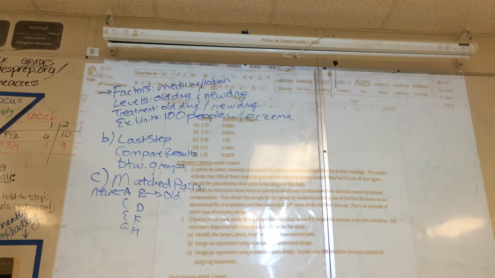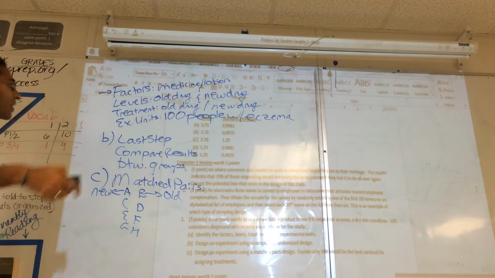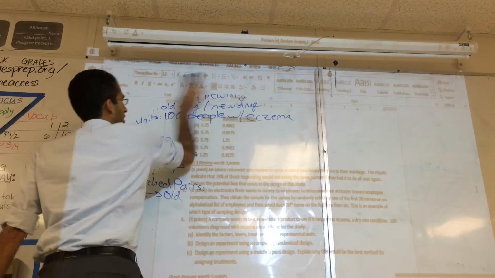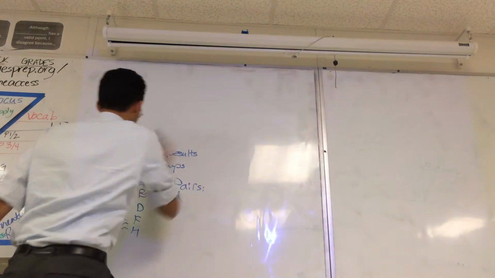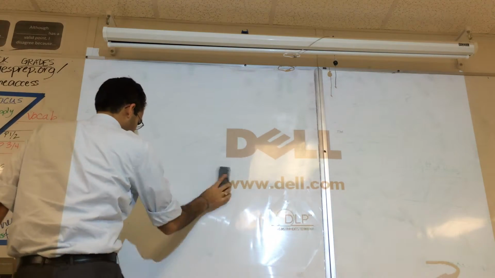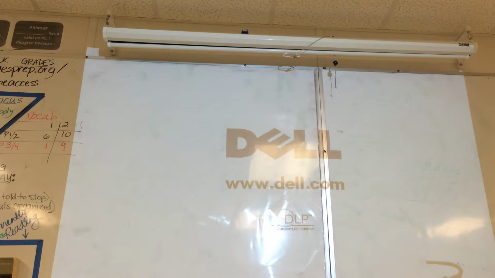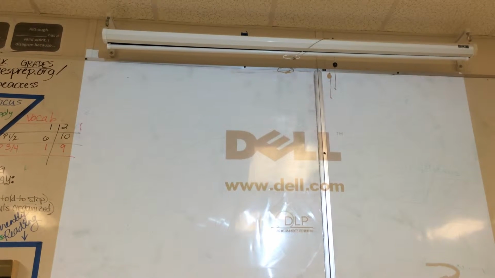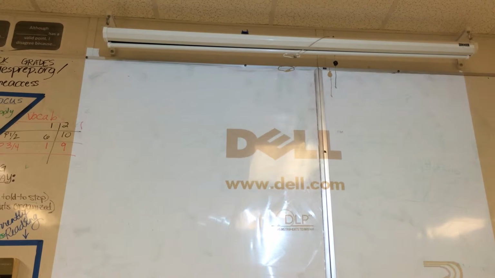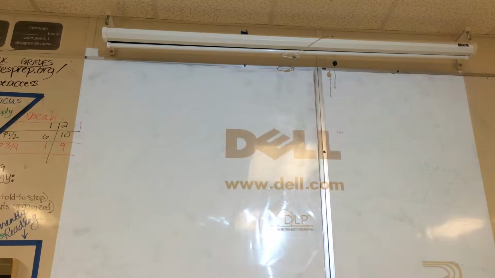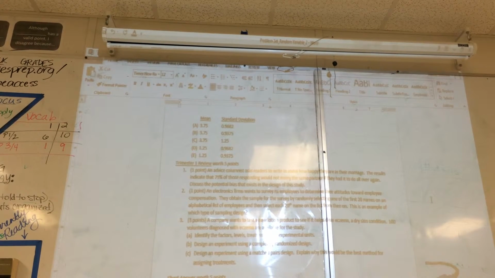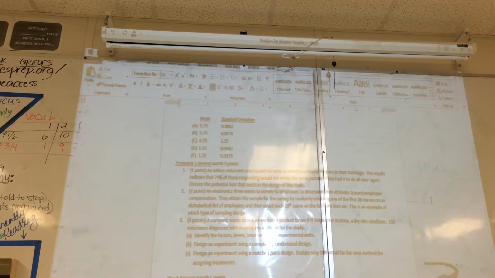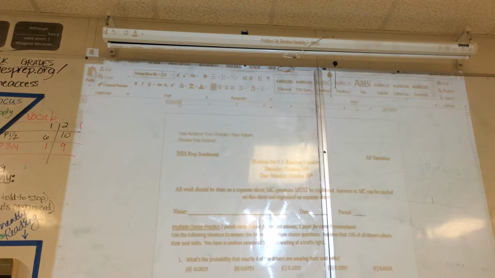I want to go over a couple problems that a lot of people missed that are on the topics that we've been talking about recently on the probability stuff. So a lot of people missed question 2. Did a lot of people put A on question 2 that I marked wrong?